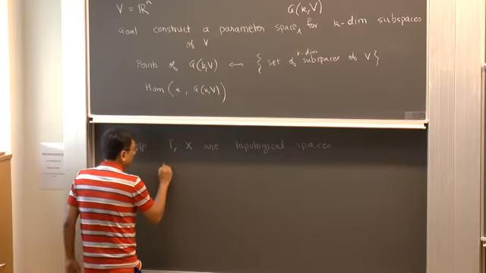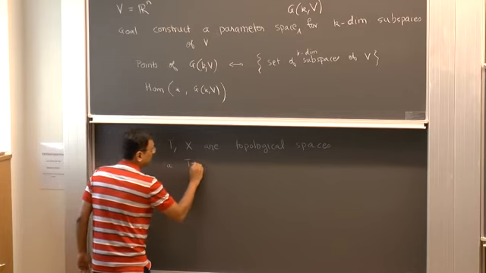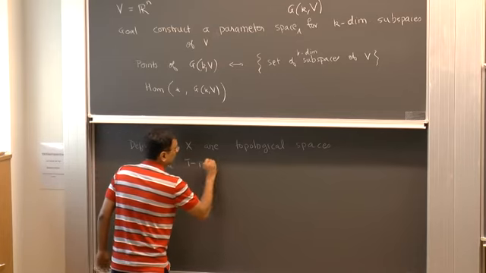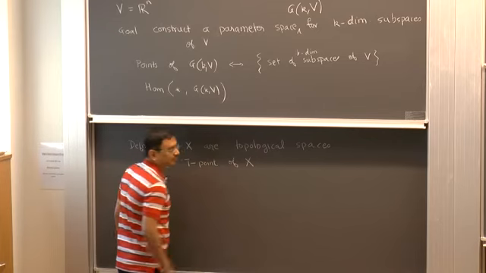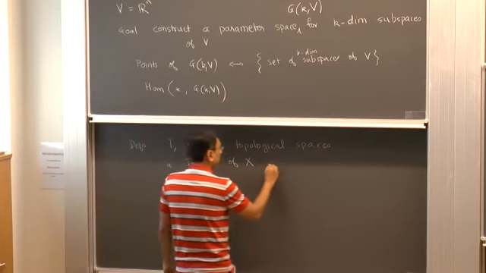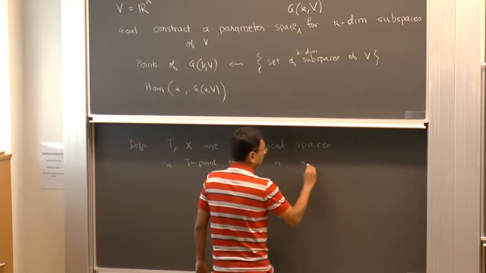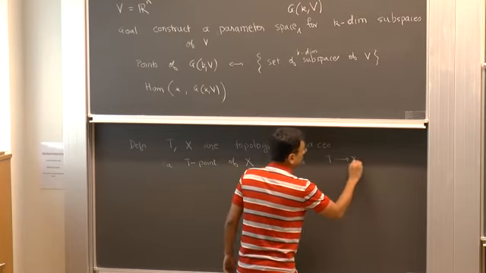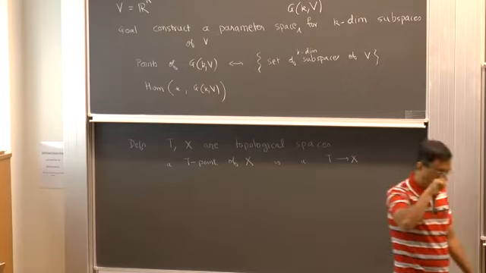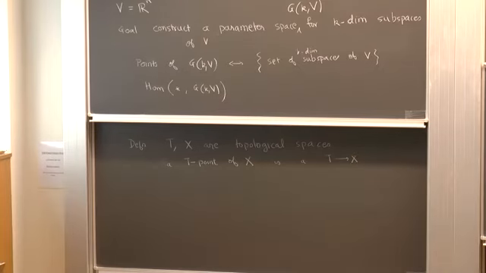Then a T-point of X is a continuous map from T to X, a morphism in this category of topological spaces.